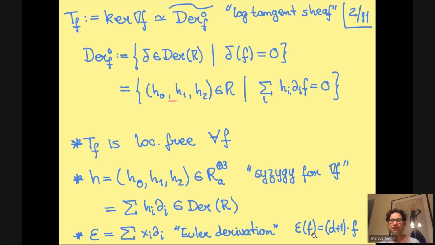The Euler derivation applied to F is just the degree of F times F. This is where the hypothesis that the characteristic of the field does not divide the degree of F is used.